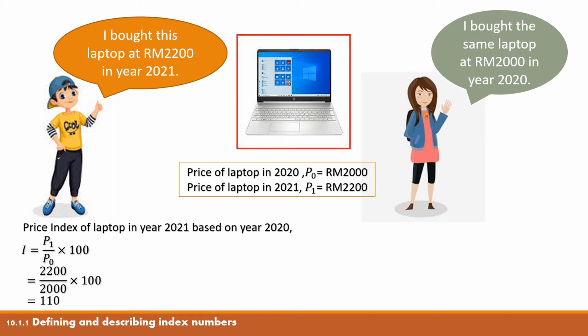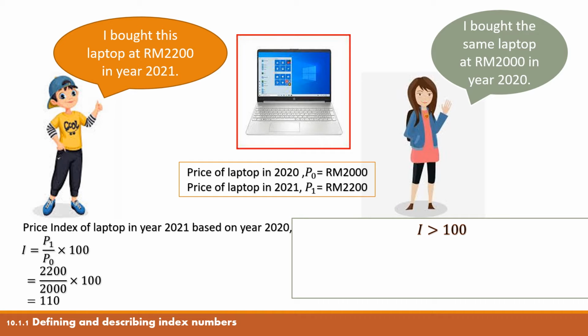110. If we compare the two dialogues here, the price of the laptop actually increased by 200 ringgit in year 2021 compared to year 2020. So when the index number or price index is greater than 100, it shows an increment in the comparison of a certain item in 2 years.